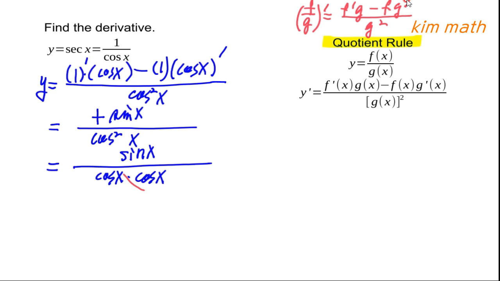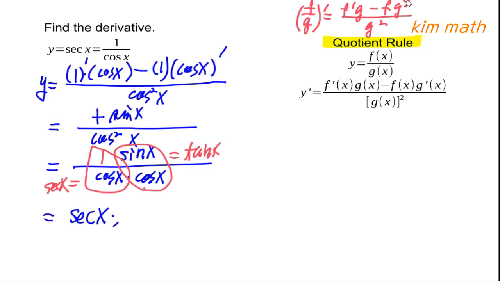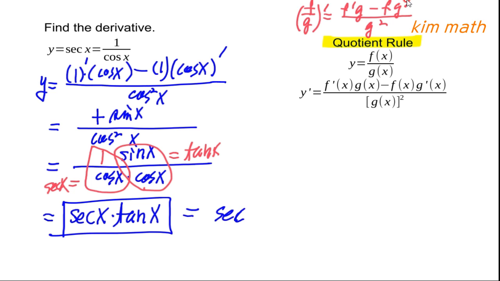And we know that this is the tangent x, and the cosine x in your denominator, basically this is 1 over cosine x, and this is the secant x, right? So what is the final result? Secant x times tangent x. Okay, this is the derivative of secant x. Okay, good.